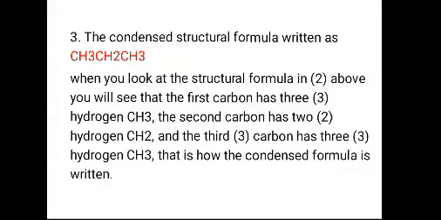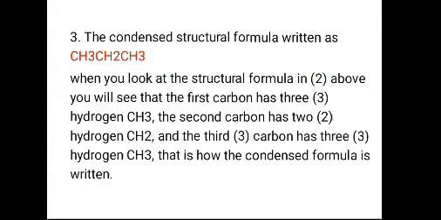The second carbon in that condensed formula has 2 hydrogens. That is why we have CH2. That is to say that carbon number 2 is attached with 2 hydrogens. And the third carbon has 3 hydrogens, CH3, attached to it. So it's just like a summary of the structural formula.